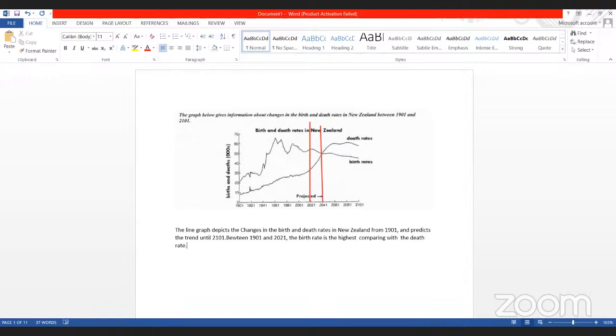Sorry, the death rate. So there you have given a general overview about the graph. Normally what we can say is, normally birth rate is high and the death rate is low, right?